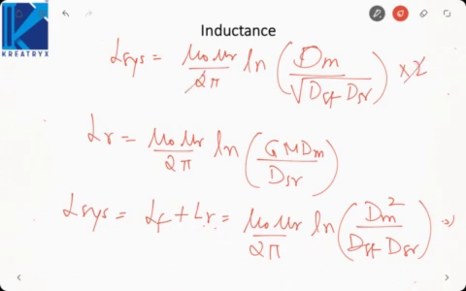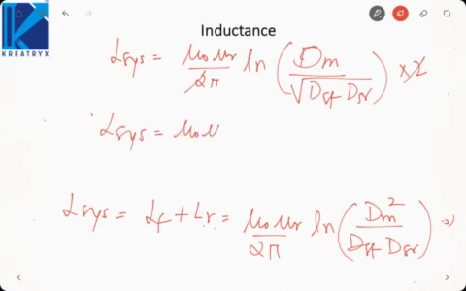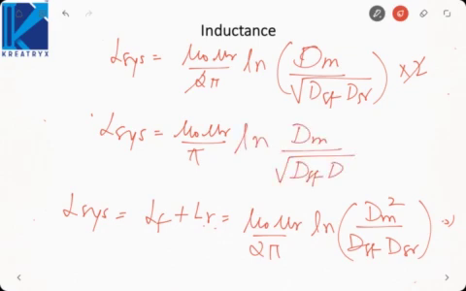This 2 will get cancelled out, so it will come out to be mu naught mu r by 2 pi, sorry, mu naught mu r by pi ln dm by under root dsf into dsr.